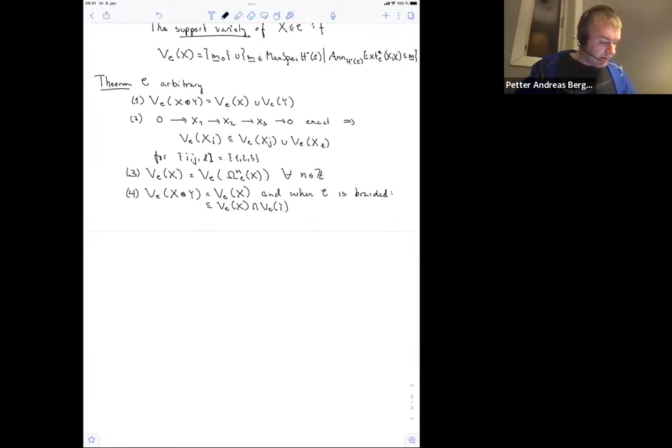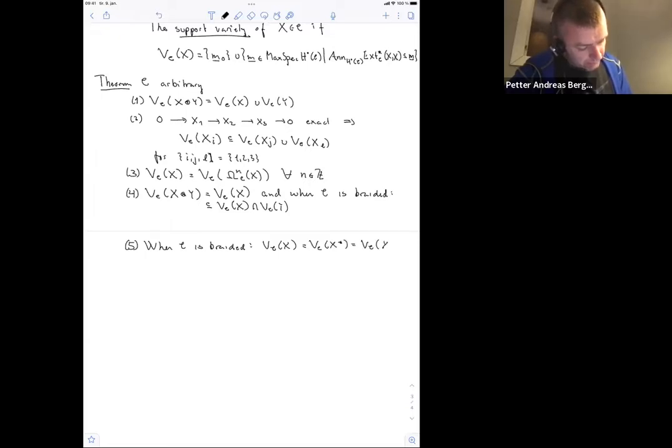But when C is braided, it doesn't matter, and then the support variety of the tensor product is contained in the intersection. And also when C is braided, then the support variety of an object is the same as the variety of any of its duals.